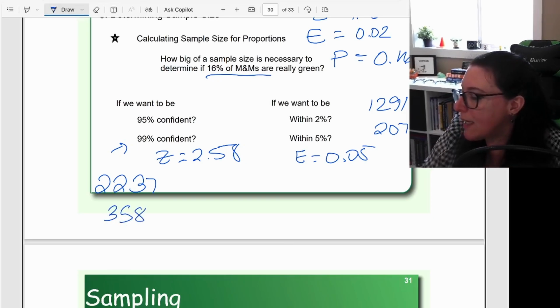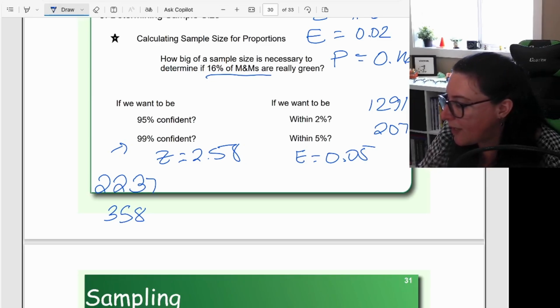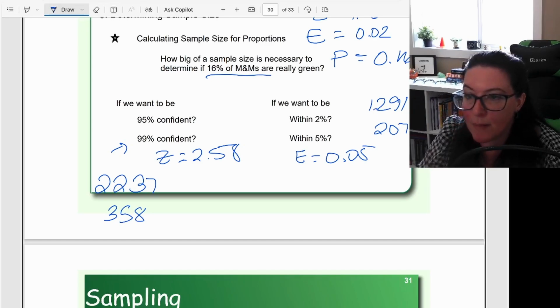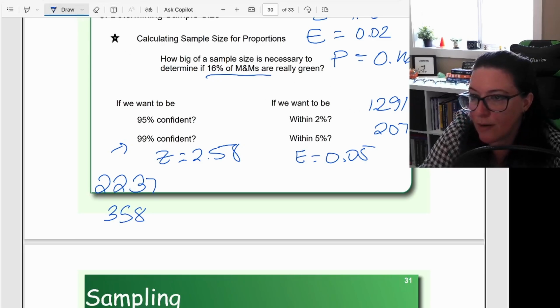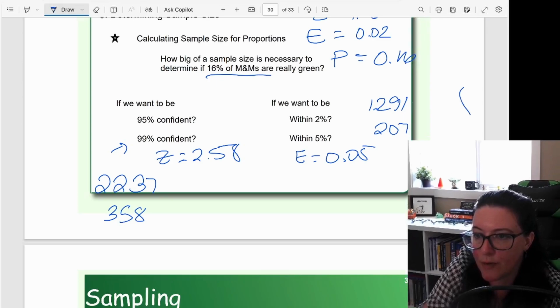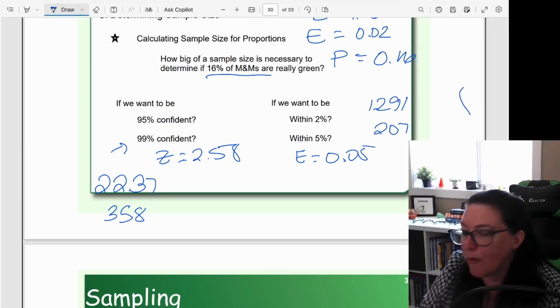So you can see how your choices here in terms of the level of confidence make a difference. By going from 95% confident to 99, we go from a sample size of 1291 to 2237. I'm trying to find my face so I can move it down here. So it almost doubles as we go from 95% to 99% confident.